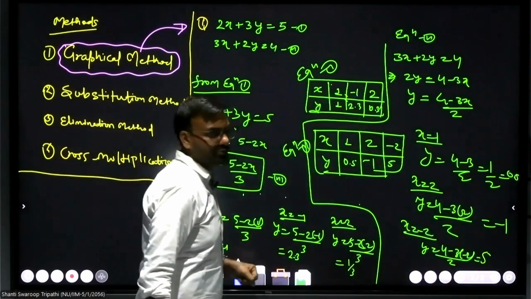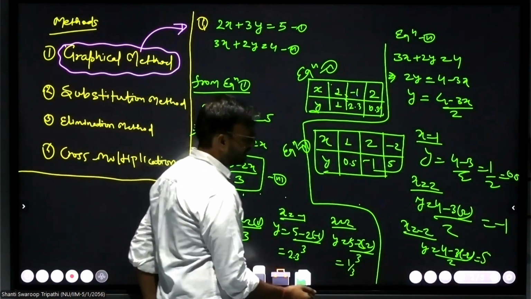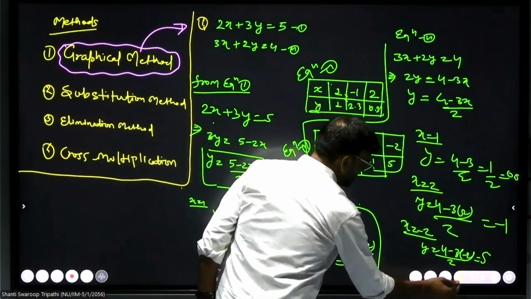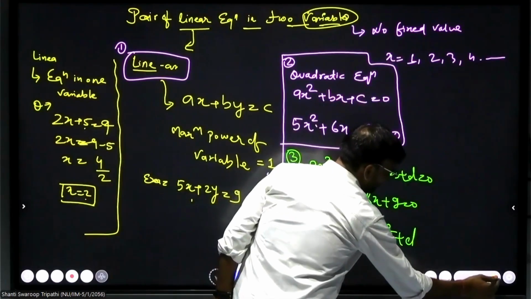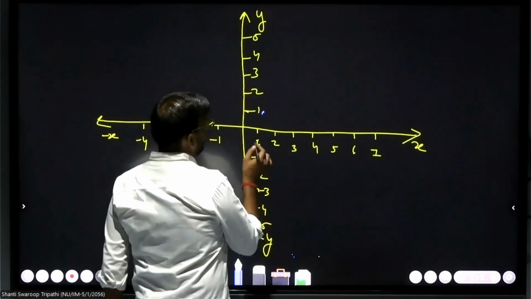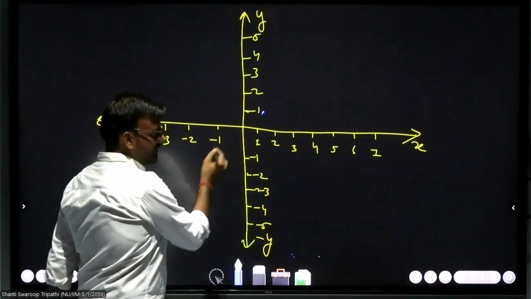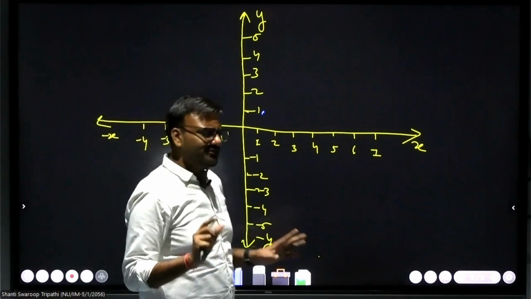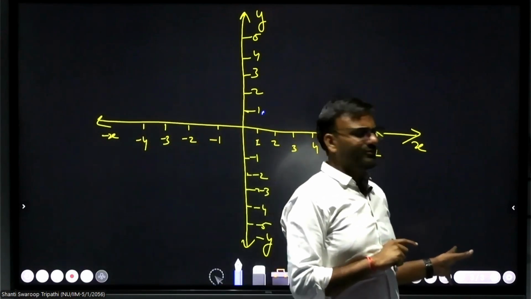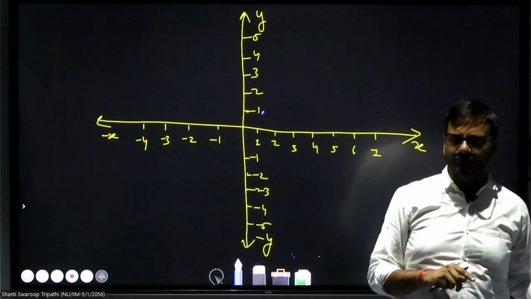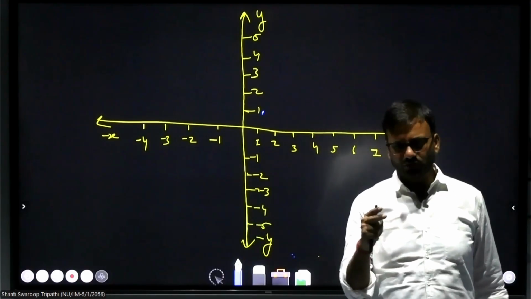Then minus 1, 2.3. Minus 1 is coming here. You are well aware that whatever the values given, first we plot the x-axis value always.